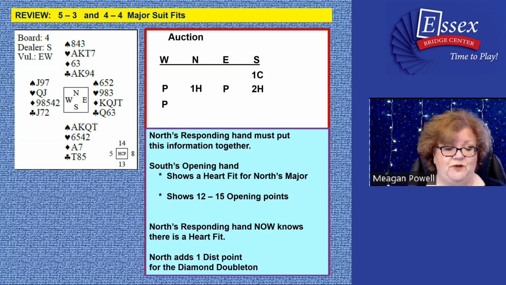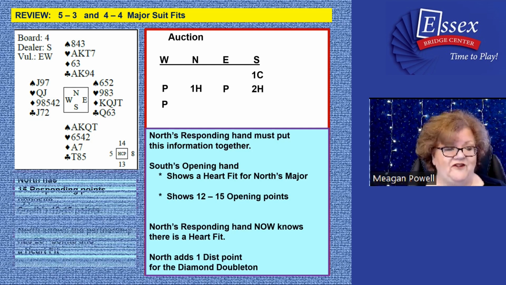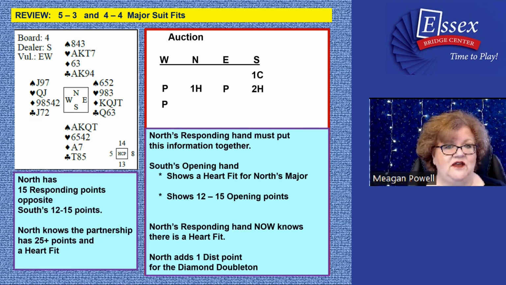You get to add distribution for your diamond doubleton, 1 point. North, you have 15 responding points. South has just promised you 12 to 15 opening points when she bid 2 hearts. If you do the math, you know you're at 25 points and you have a heart fit. So get to 4 hearts.